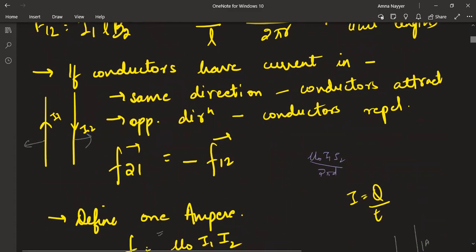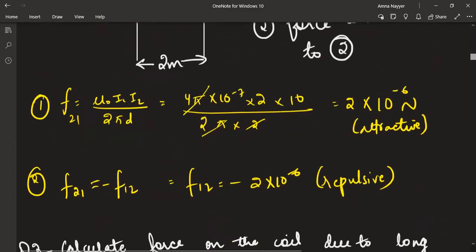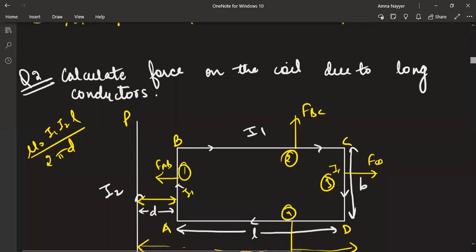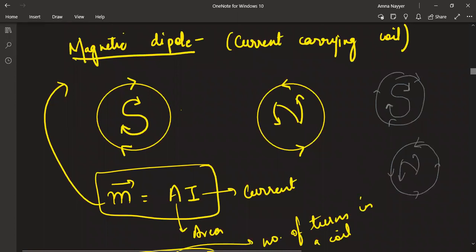Next, you have the magnetic dipole moment. Magnetic dipole moment is the product of area and current. The way you have the electric dipole moment, you have the magnetic dipole moment as well. So magnetic dipole moment is A into I, area multiplied by current. Here is a technique to remember south and north.